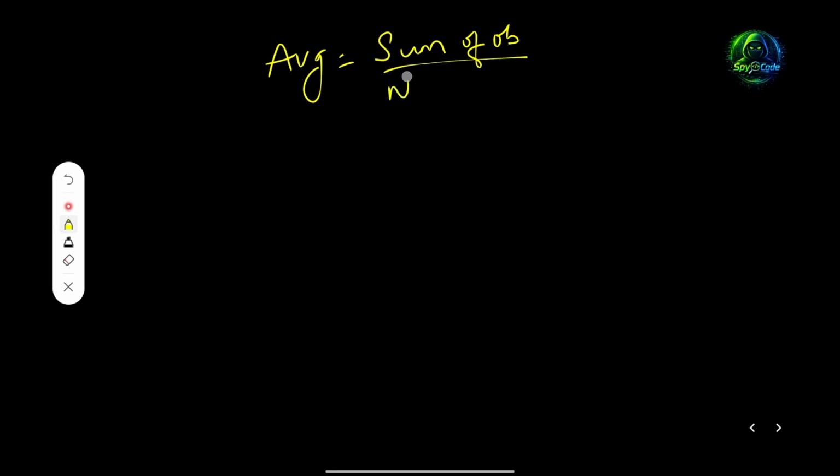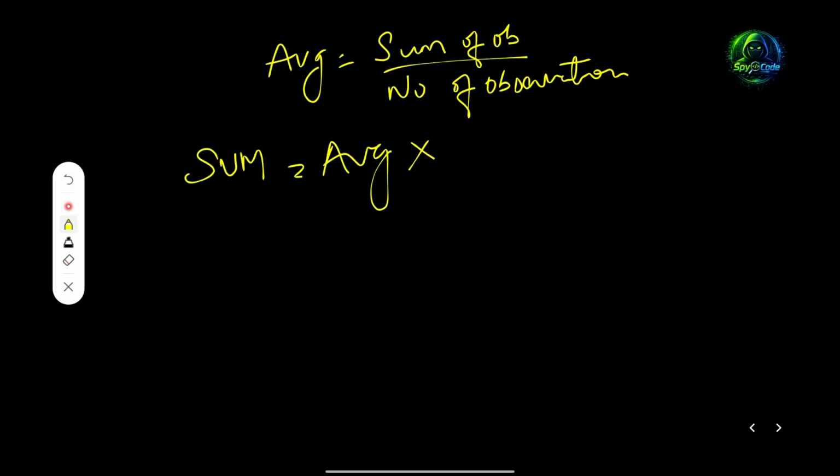If we need the sum of the observations, then simply we need to multiply the average by the number of observations.